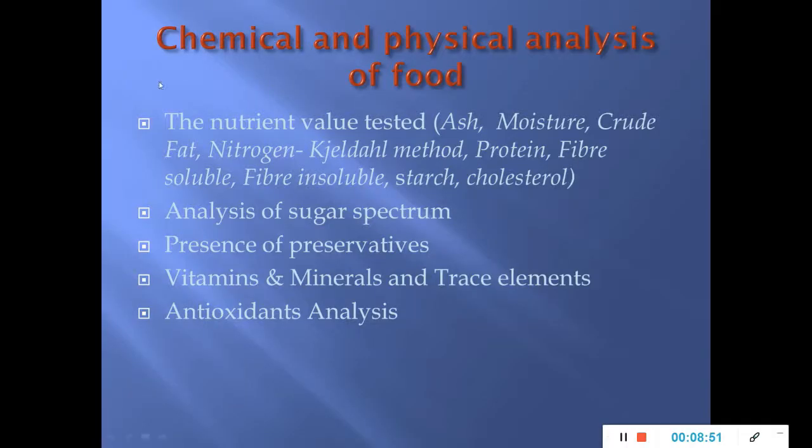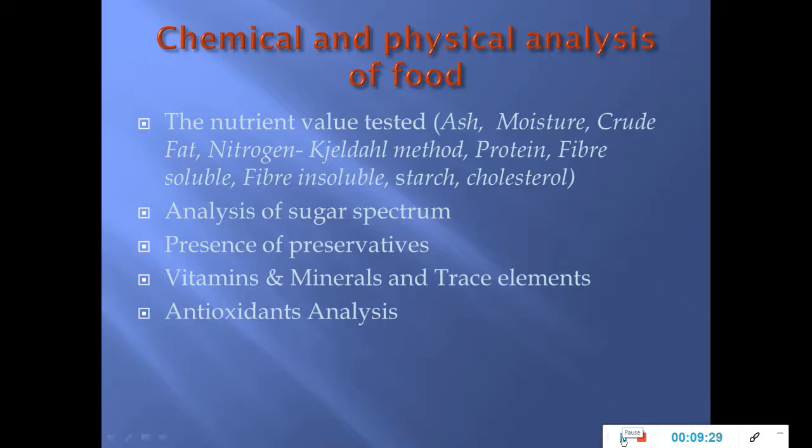And how do we have to analyze these chemical hazards? Now, there are different techniques. I cannot just minimize it into a single slide over here, but I would like to just give you an outline of different techniques which could be possible. You can check the nutrient value by using various techniques like ash, moisture, crude fat, nitrogen by the Kjeldahl method, protein, the fiber soluble, fiber insoluble, the starch, the cholesterol, the analysis of the sugar spectrum, the presence of preservatives, vitamins, minerals, trace elements, antioxidants.